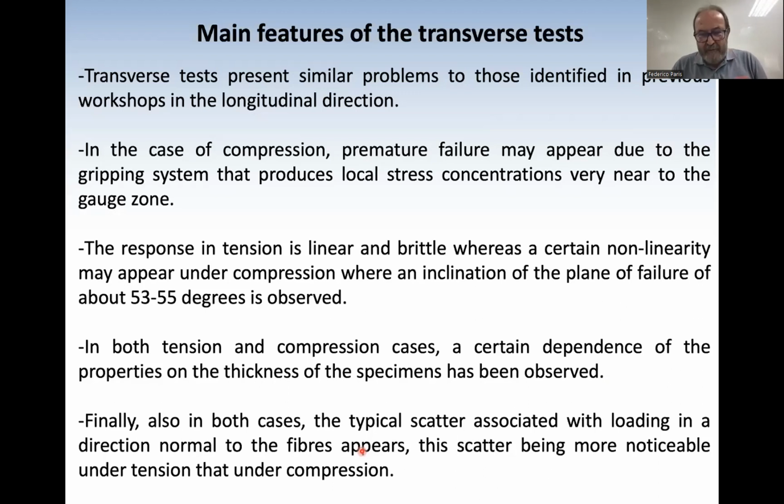Both in tension and compression, a certain dependency of the properties on the thickness of the specimen has been observed. Finally, also in both cases, the typical scatter associated with loading in a direction normal to the fibers appears. This scatter, as we have seen, is more noticeable under tension than under compression.